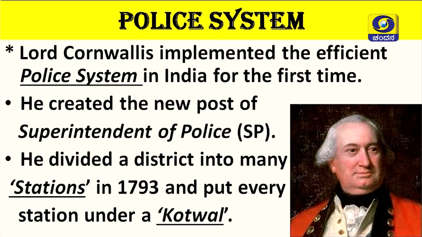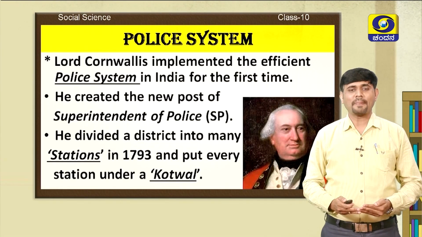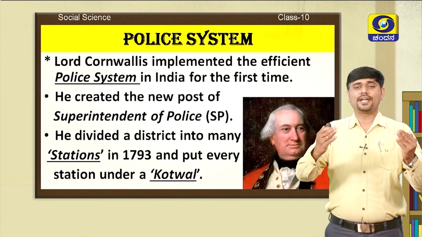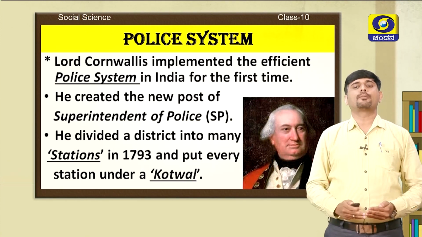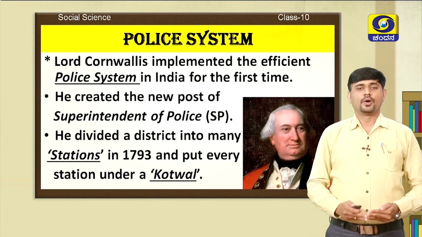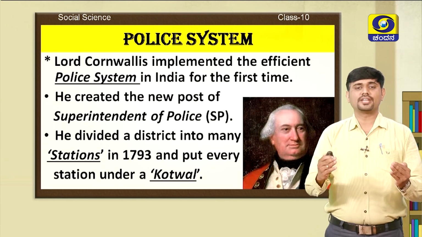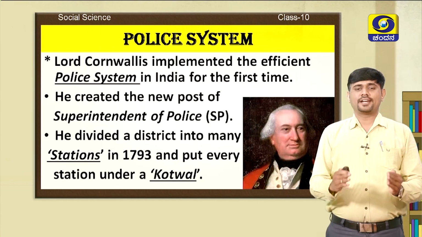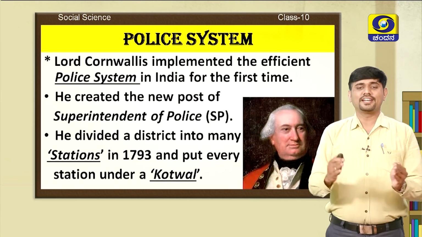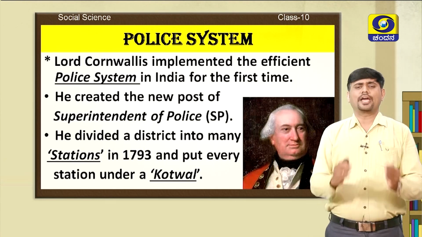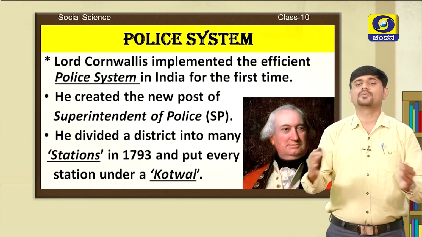Therefore, Lord Cornwallis is also called the pioneer of the Indian police system. He created the new post of Superintendent of Police, the head of the police service in a district. He divided a district into many stations in 1793 and put every station under a kotwal.